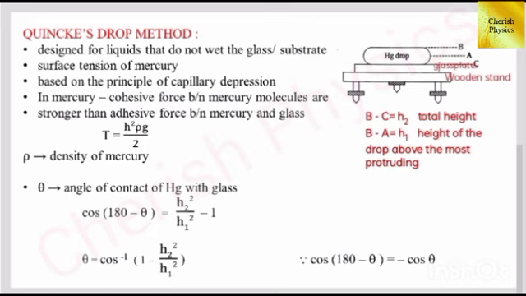And by Quincke's drop method, we can also find the angle of contact. Let θ be the angle of contact of mercury with glass. Its formula is cos(180° − θ) = h2²/h1² − 1. From that, θ = cos⁻¹(1 − h2²/h1²), since cos(180° − θ) = −cos θ.